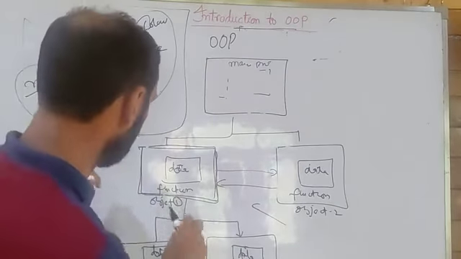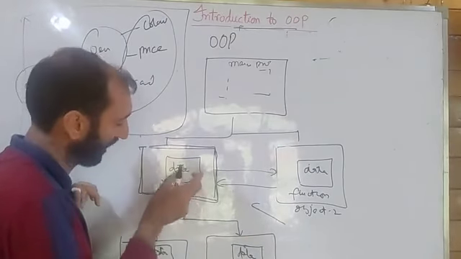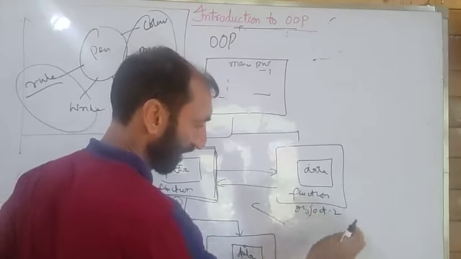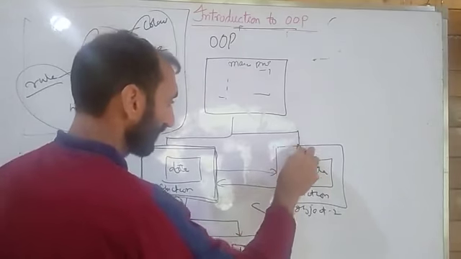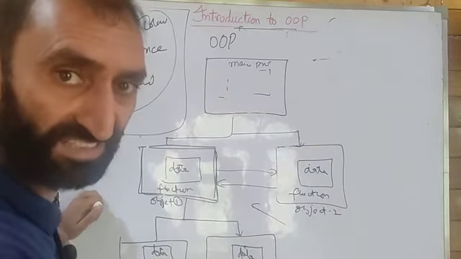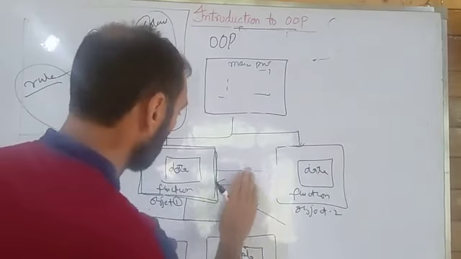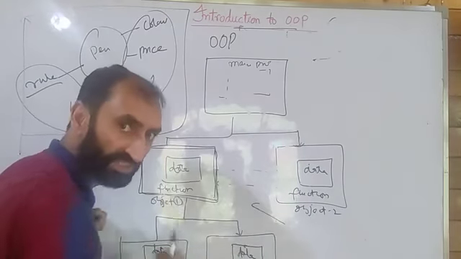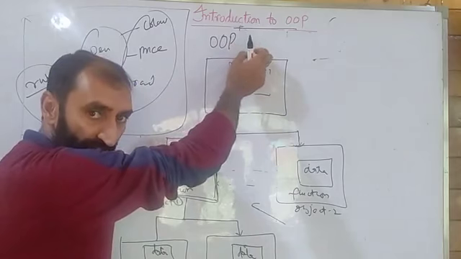That means the data required by the functions is present in the same object. So the chances of unauthorized access are very low, because the data does not move freely in the system in object oriented programming methodology.